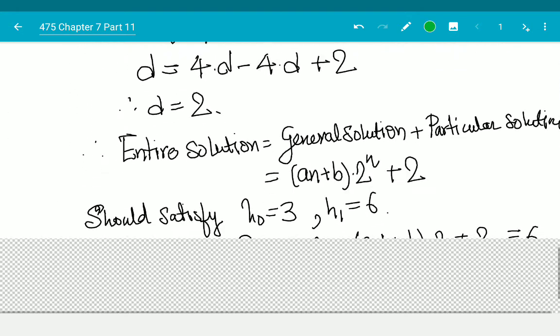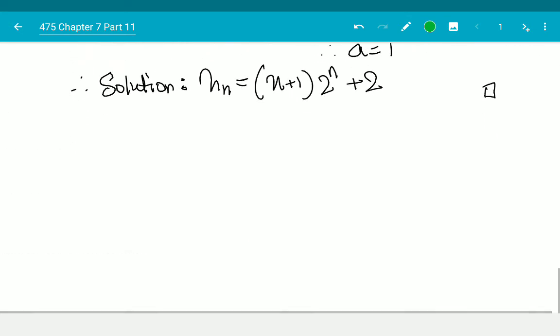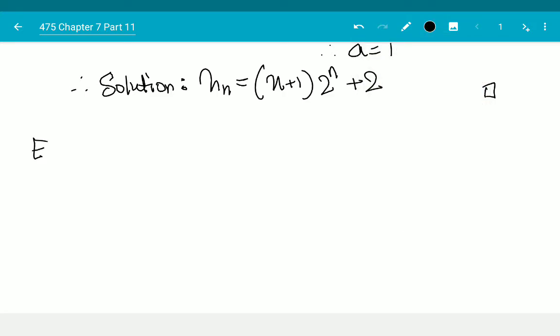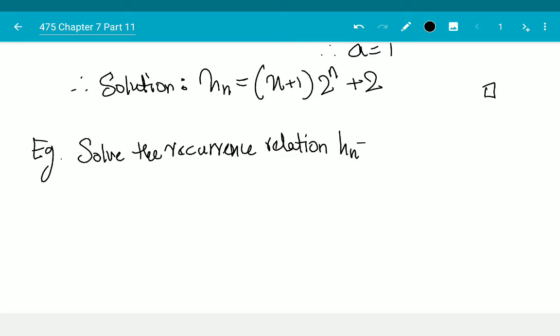Okay, what do we do if my c is not a constant? Let's do an example of that. Example, solve the recurrence relation h of n is equal to 6 h of n minus 1 minus 9 h of n minus 2 plus 2n, right?